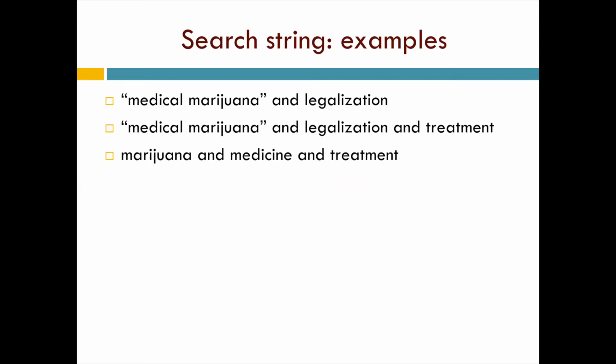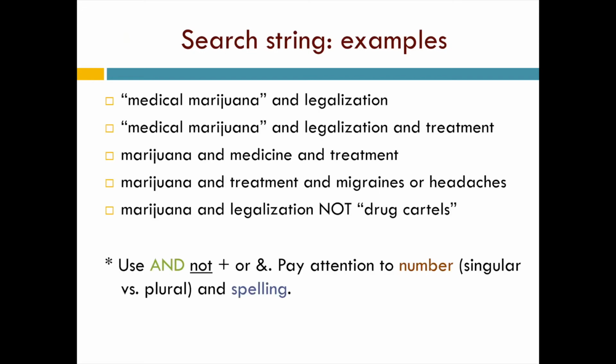Here are a few search string examples. So later on in this presentation, we're going to go to the library databases. These would be examples of search strings we would enter into the EBSCO search box. Medical marijuana and legalization and treatment. Marijuana and legalization, not drug cartels.